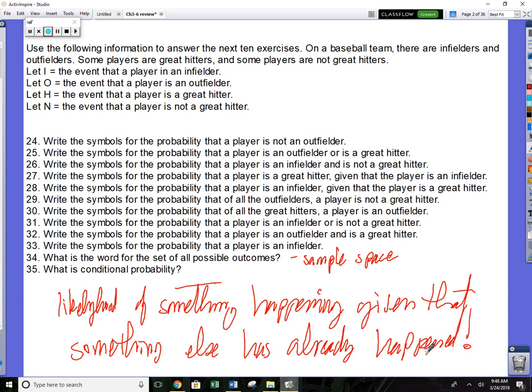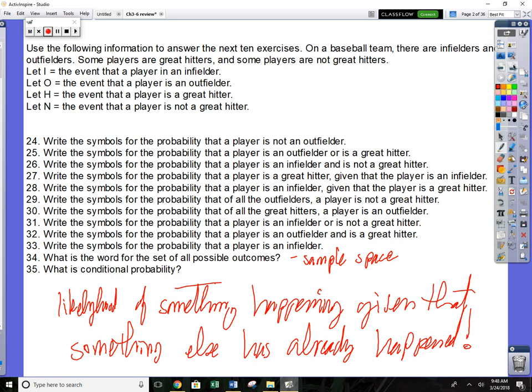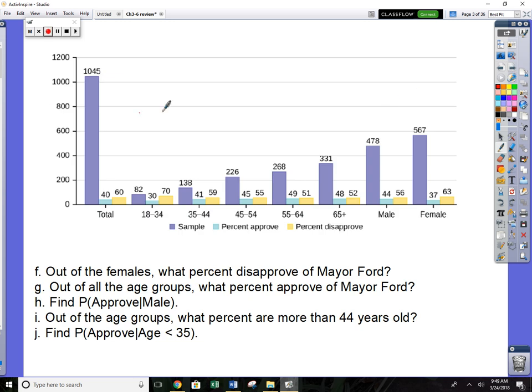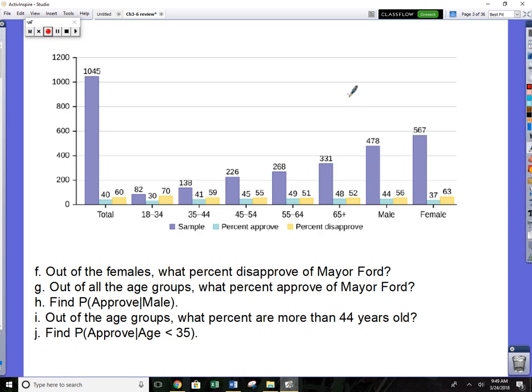So the chance of something happening given that something has already happened first. Okay, so 3-1, kind of the terminology not bad, and interpreting this graph is really not too bad.